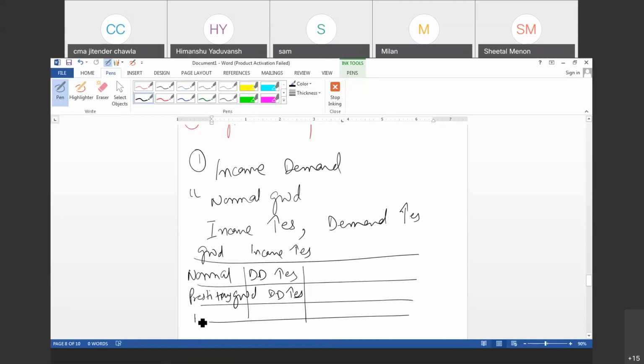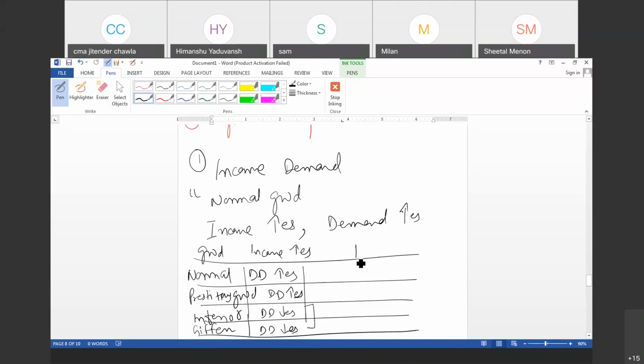What happened to inferior good? Demand decreases. Anyone can also tell me what happened to demand for Giffen good? Demand decreases. Okay. Mayank Awasthi, same, decrease. I want to make you understand this concept.